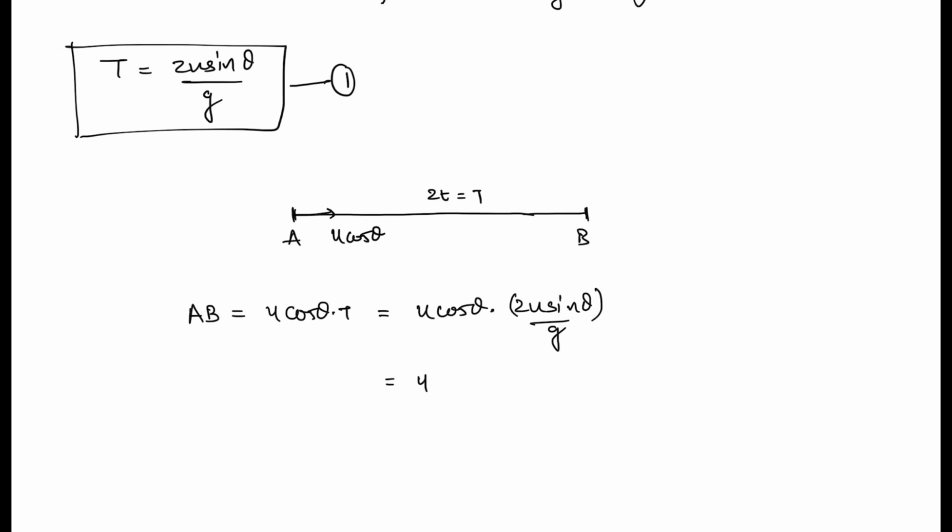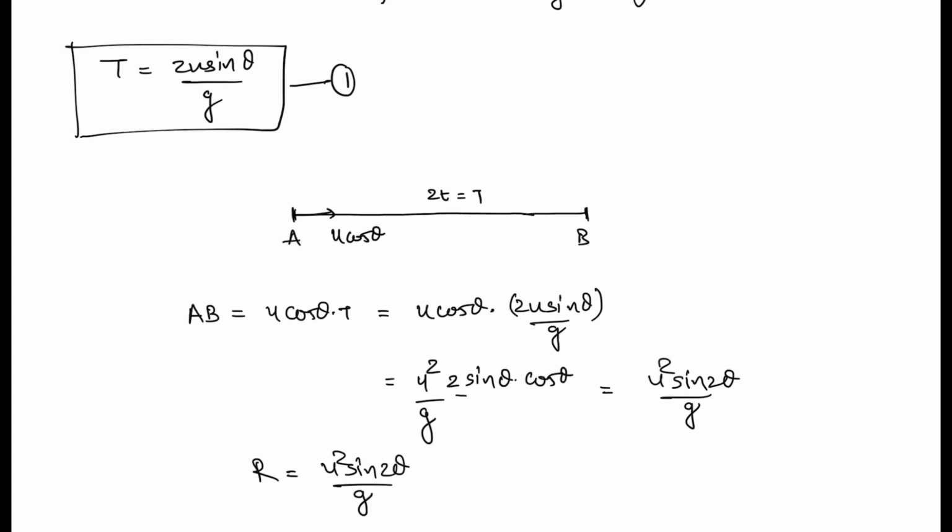So it is u square into 2 sin theta cos theta divided by g. Now this looks like sin 2 theta, so we can write u square sin 2 theta divided by g. This will be the horizontal range, denoted by R is equal to u square sin 2 theta divided by g. It is another important equation. Let us say equation 2.